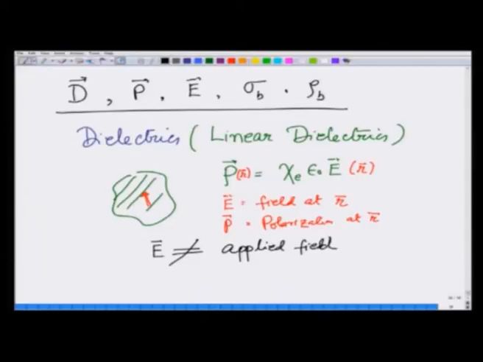It is equal to the local E at that point, which will be a combination of the applied field and the field which is generated due to these induced charges which come because of the polarization. All right. So, E is not equal to the applied field, it is the field at R.